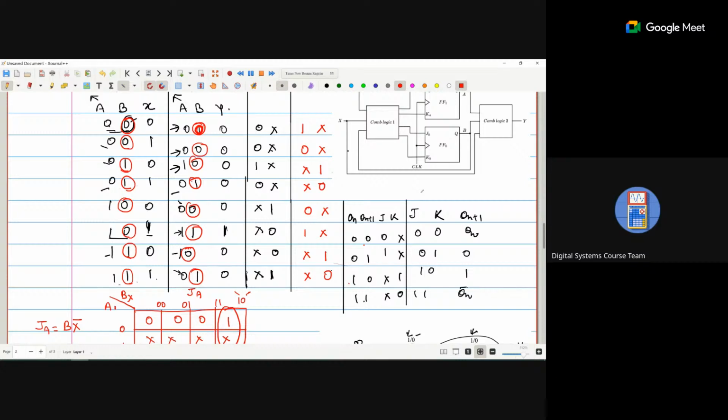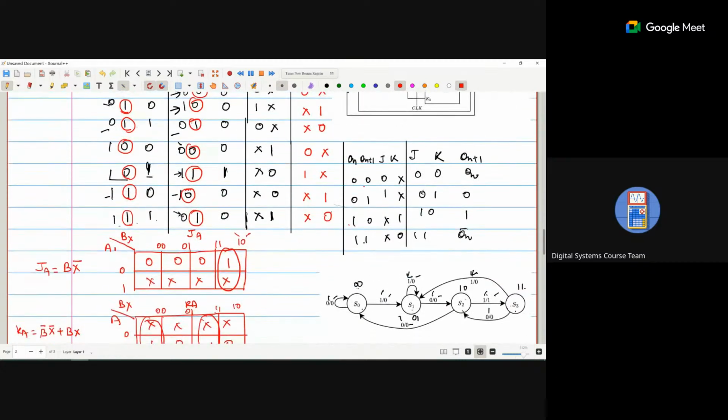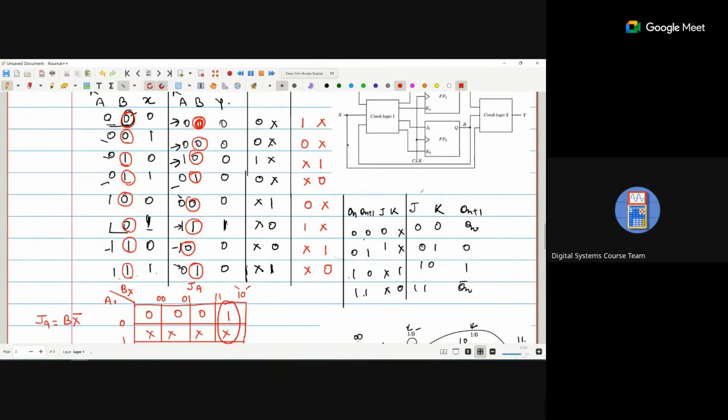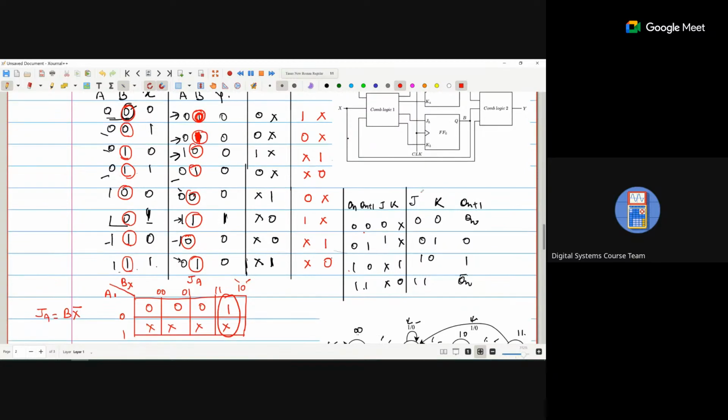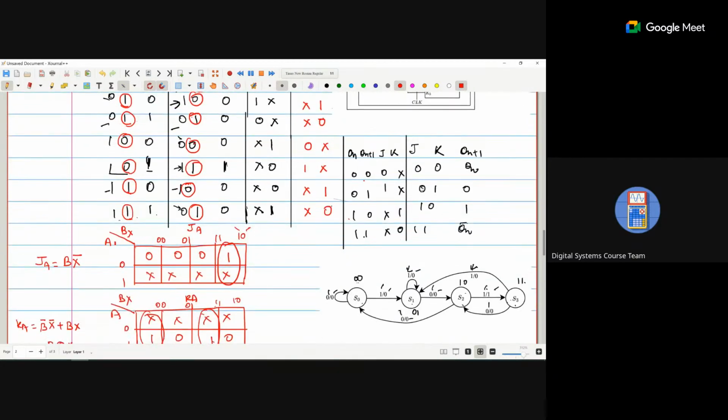Okay, and when input is 1, we are getting 0 1. Again on 0 1, when input is 0, it becomes 1 0. When input is 1, it becomes 0 1.